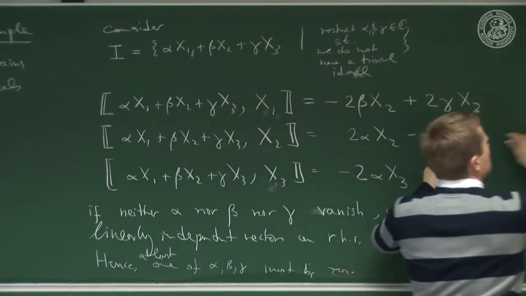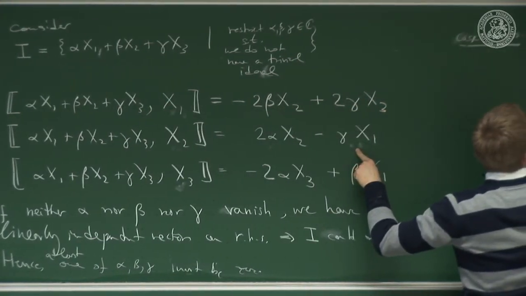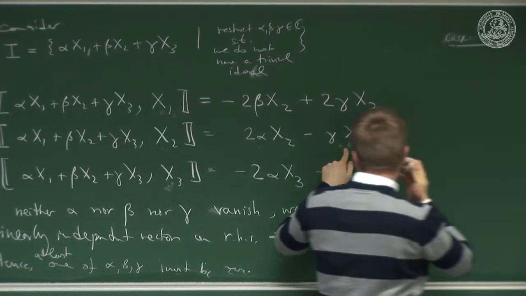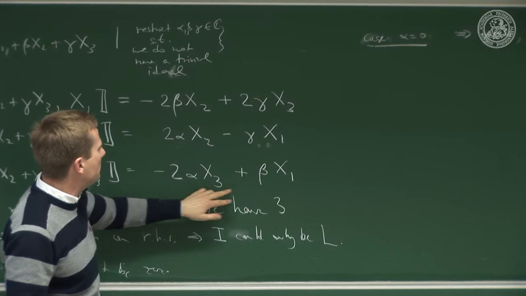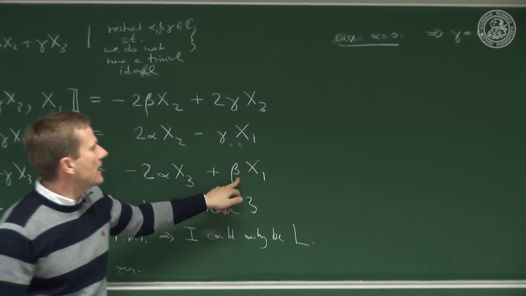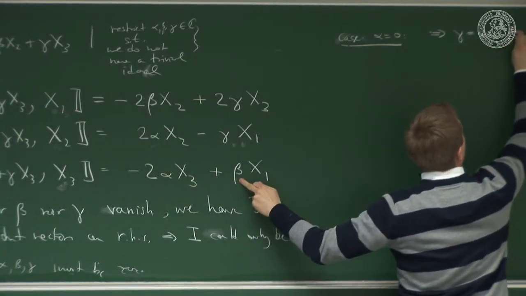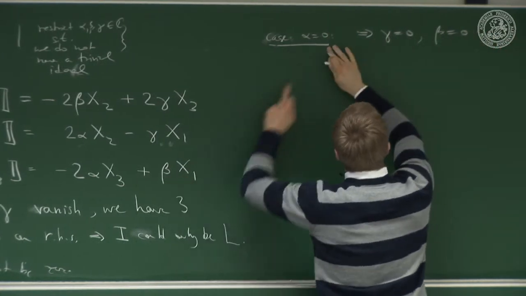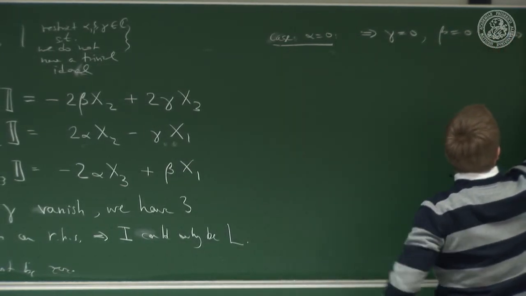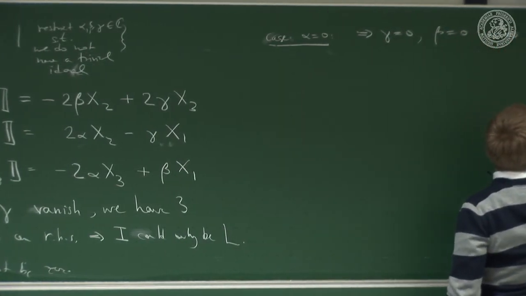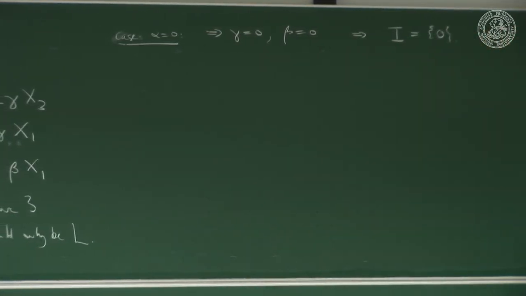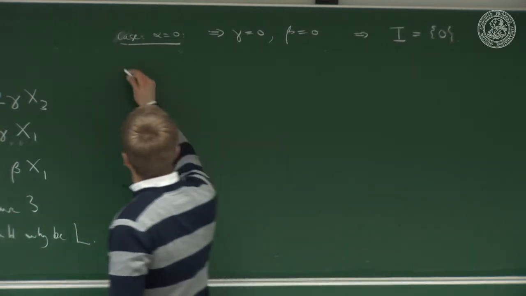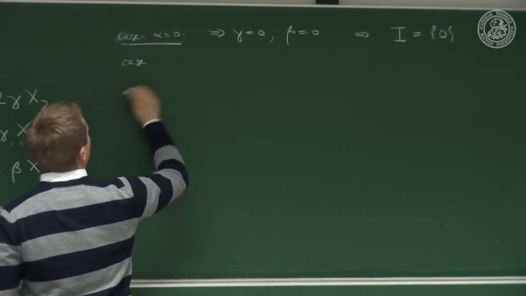So gamma must be 0. But also here, in order to lie in the x2, x3 plane, this guy is in the way, so beta also needs to be 0. So in this case, it follows that they all are 0, and that means that I just is this trivial ideal. So this case is excluded if we want to have a non-trivial ideal.